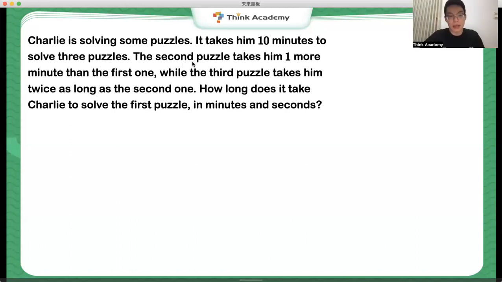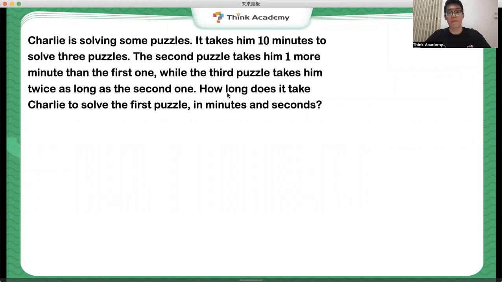So it says that the second puzzle takes him 1 more minute than the first one, which means that the first one is smaller than the second one, while the third puzzle takes him twice as long as the second one, which means the second one is smaller than the third one, which means the third one is larger than the first one. So the first one is the smallest. Is that making sense for everyone? The first one is the smallest.